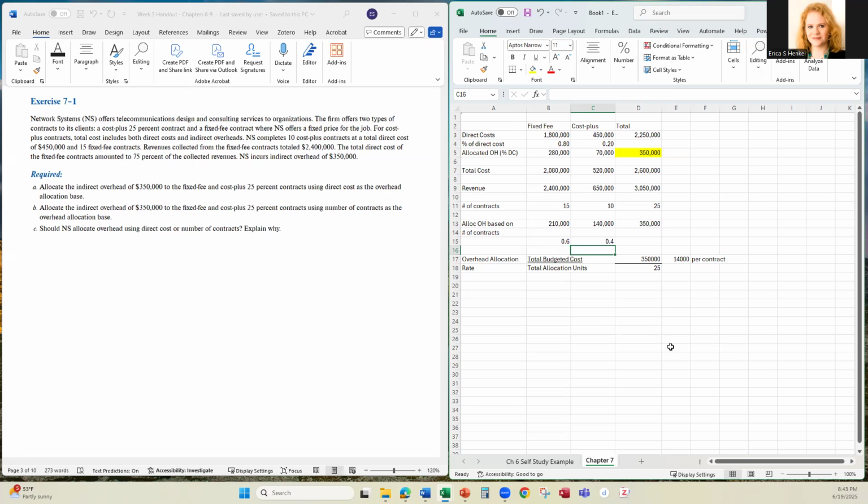So does the number of contracts drive the direct costs, or does the dollars of direct costs drive the cost? So let's see here. In terms of direct costs, which one? I'm curious how much the direct cost is per item here.